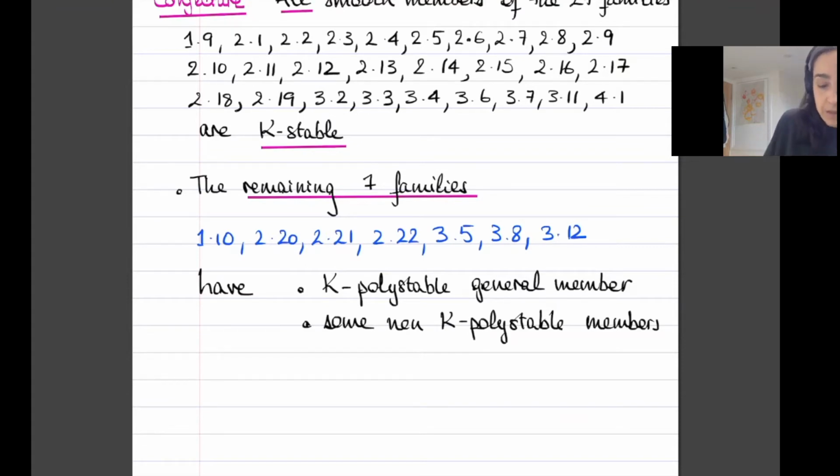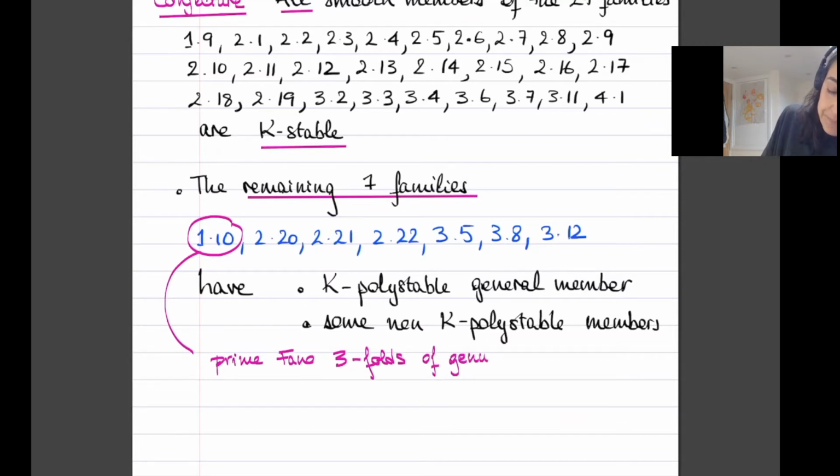So maybe just let me flag here that this is the family of prime Fano threefolds of genus 12, the famous V22 that are the subject of Donaldson's conjecture. So I'll come back to that later in the talk.